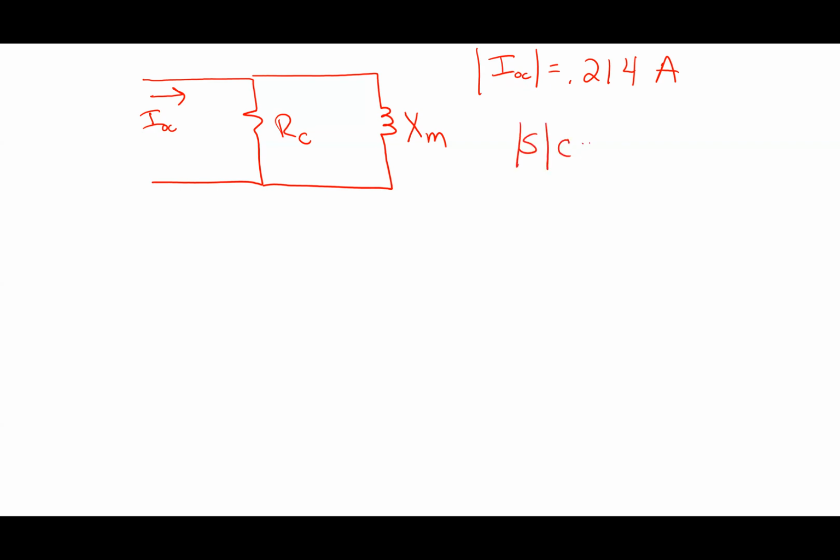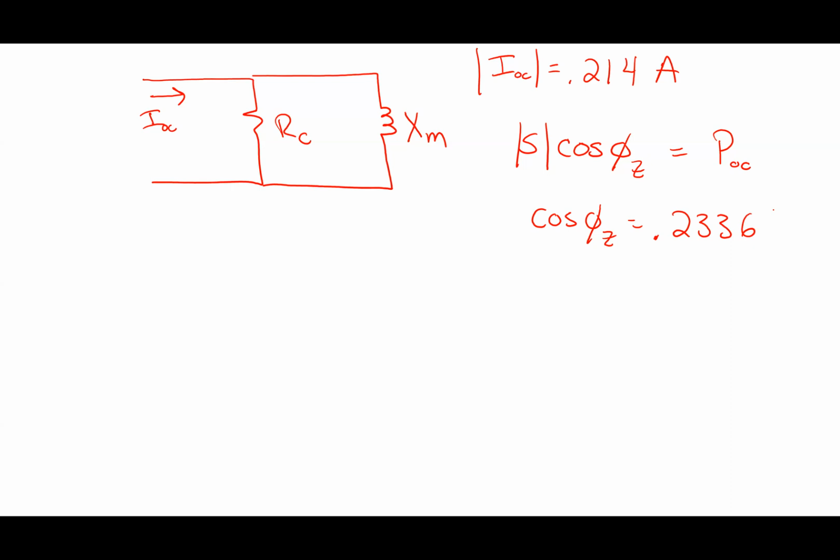So S times the cosine of phi is equal to P. And I don't say phi, I say phi Z, the angle of the impedance. So I solved for cosine of phi Z, and that ends up becoming 0.2336. That is a very bad power factor.